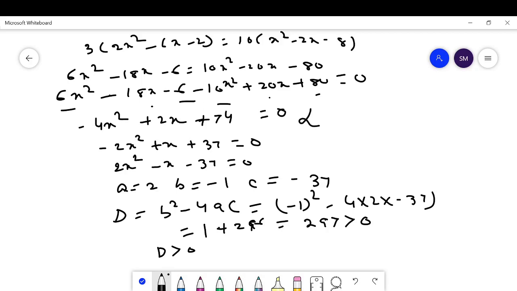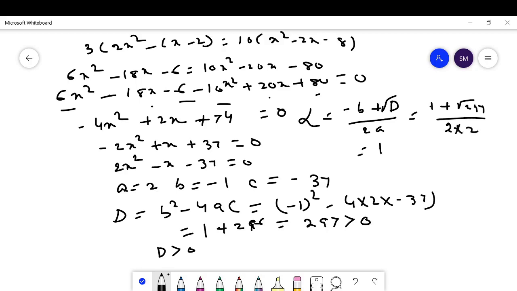Then what is alpha? Alpha is equal to minus b plus square root of D upon 2a, which is equal to minus b, means here b is equal to minus 1, so plus 1 plus square root of 297 upon 2 into a, here 2 into 2, 4.